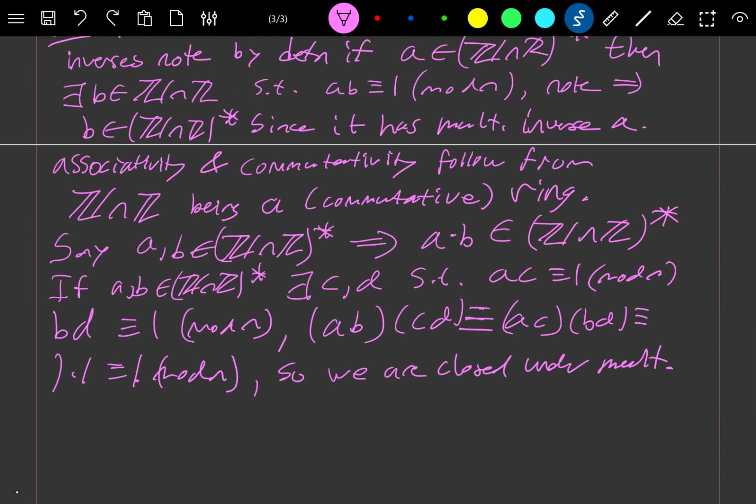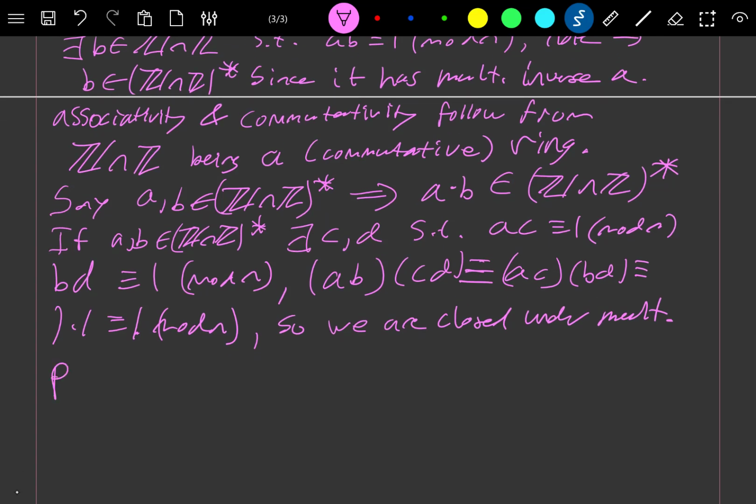And now what I'm going to do is prove the following statement. Say G is a group, and let's define a function.